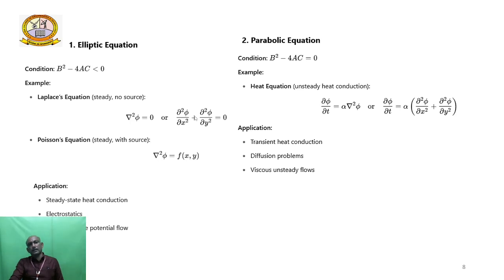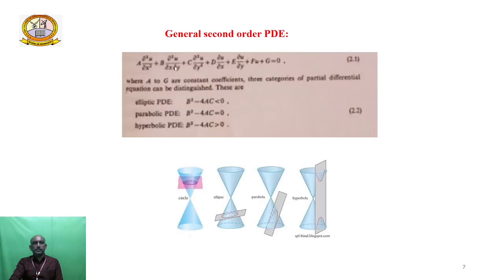How do we find that the Laplace equation belongs to the elliptic type? From the previous slide, we have to find the three coefficients a, b, c. Please remember, a is the coefficient of the x squared term, b is the coefficient of the xy term, and c is the coefficient of the y squared term.